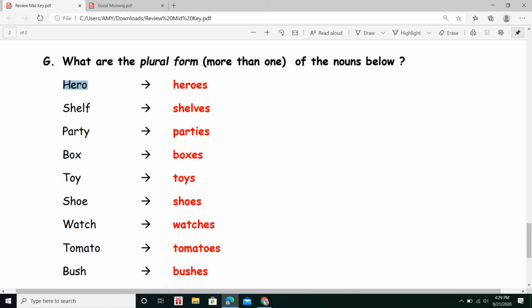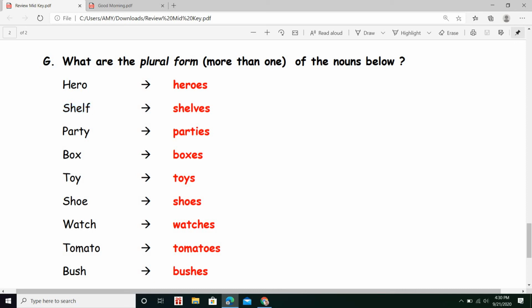For hero, because the word hero ends with O, we put ES, and it becomes heroes. So the plural form of hero is heroes. And then the second word is shelf.